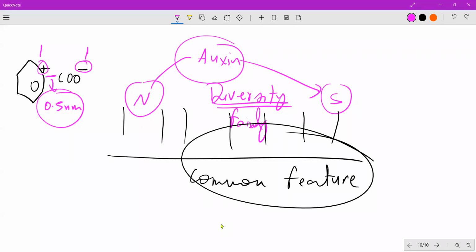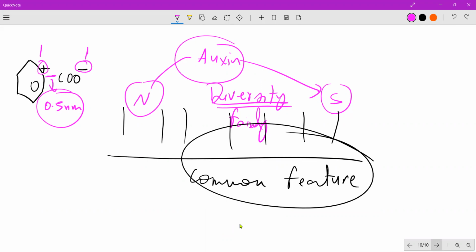And that is how we can define different auxins. So this is one common property found in all the auxins: the fractional positive charge on the aromatic ring and the negative charge on the carboxylic acid group have to be around 0.5 nanometers apart. Is this very clear? So this is how we define auxins.